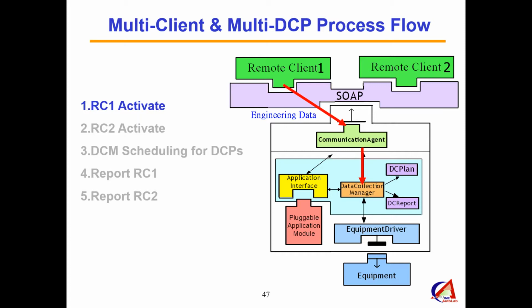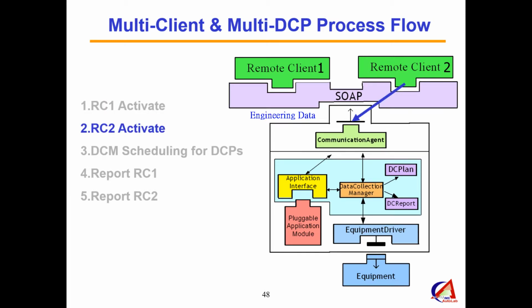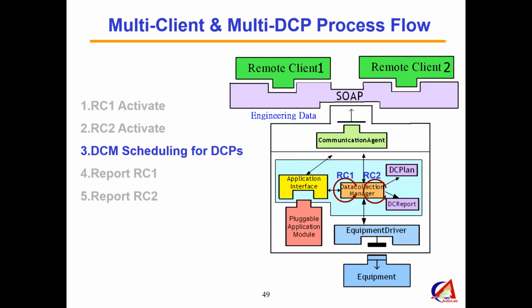So if we have 2 clients, the first client sends a request and it will activate RC1, remote client 1. Remote client 1 activates one TCP, and remote client 2 activates the other TCP. Then the data collection manager schedules the TCPs.